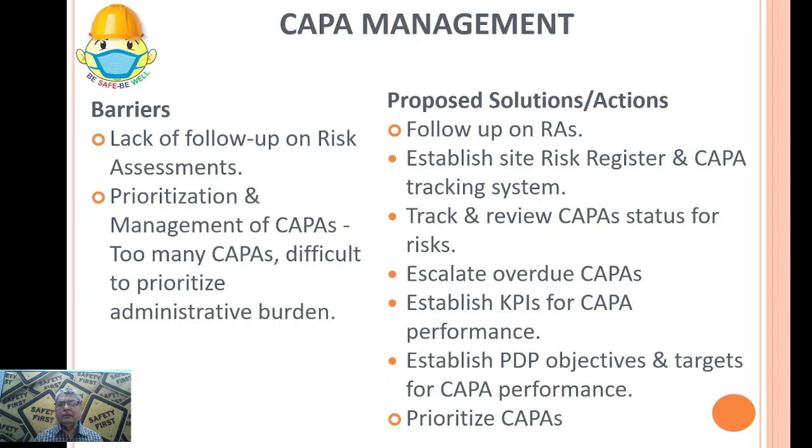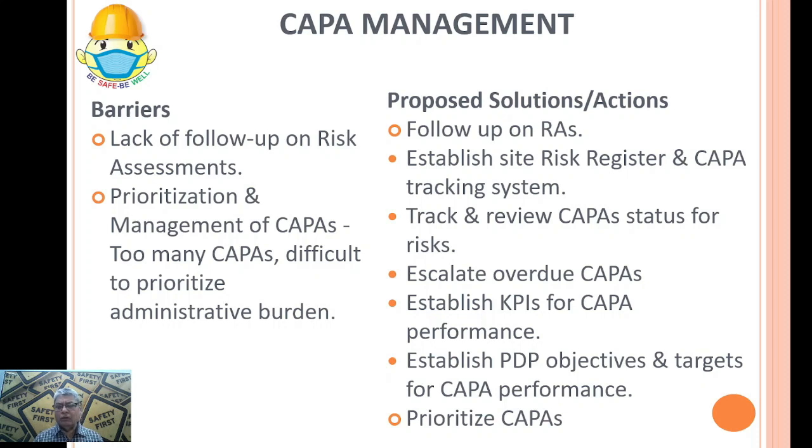That whether the actions are being taken in a given timeline and the actions which you have envisaged, whether there are certain problems, whether there will be a need to increase the date of the CAPA completion and so on, which CAPAs are completed, right? So tracking is required. Unless tracking is done, CAPA will not be complete. So track and review CAPA's status for risk.